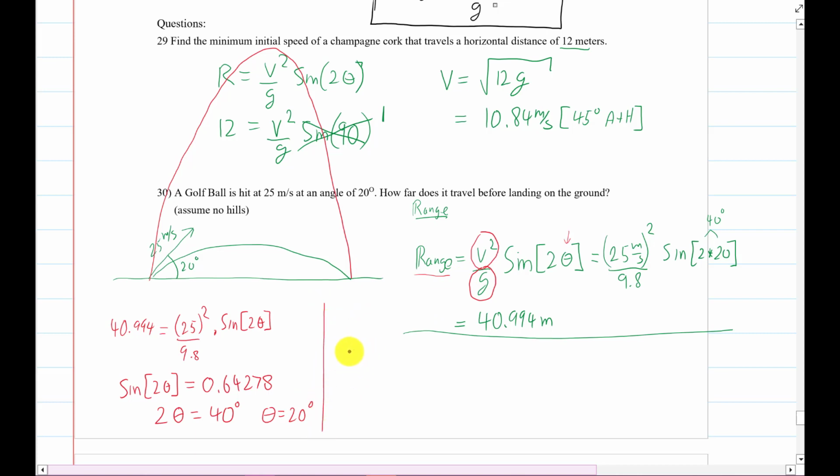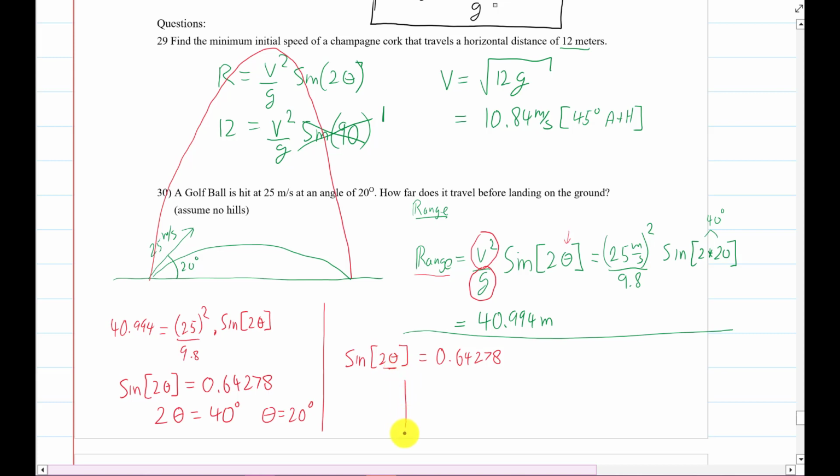Okay? We want the sine of 2 theta to be equal to this ratio, but there are actually in trigonometry an infinite number of answers for this.